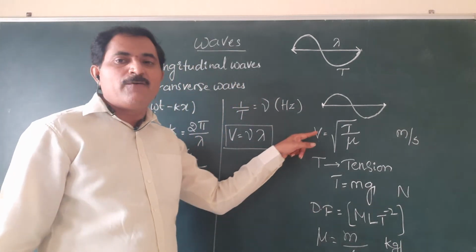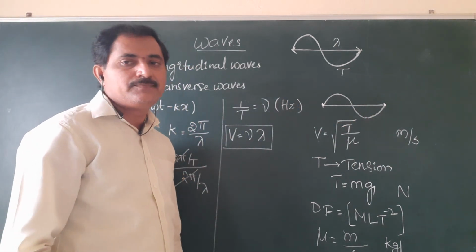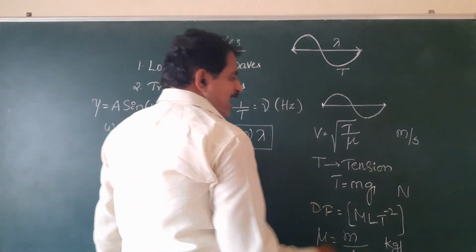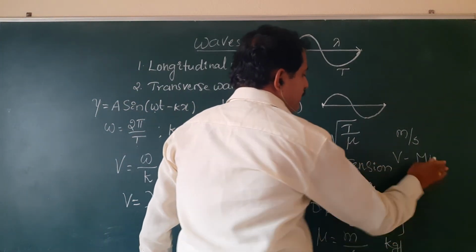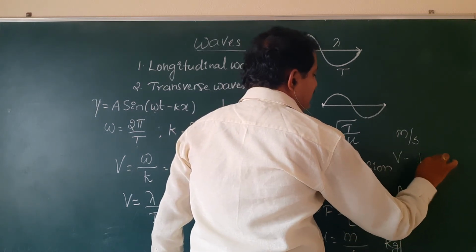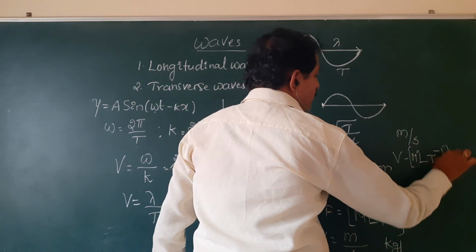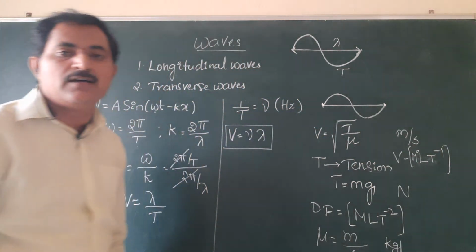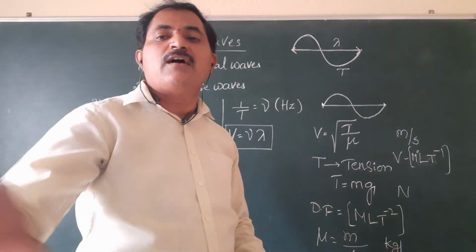And the units of velocity is meters per second. You can write the dimensional formula of velocity as M0 LT power minus 1. It is the dimensional formula of velocity.